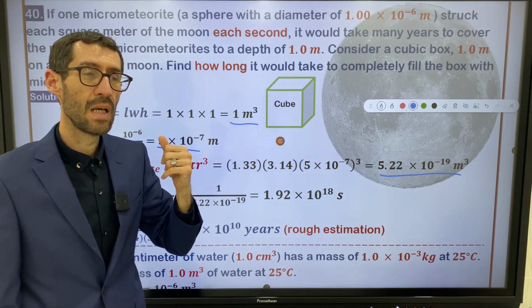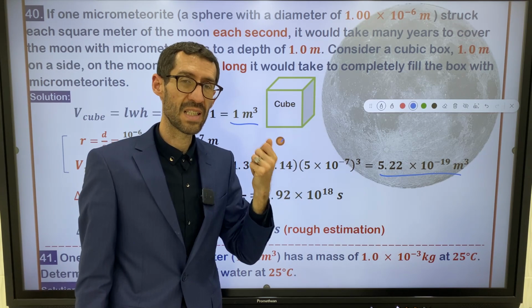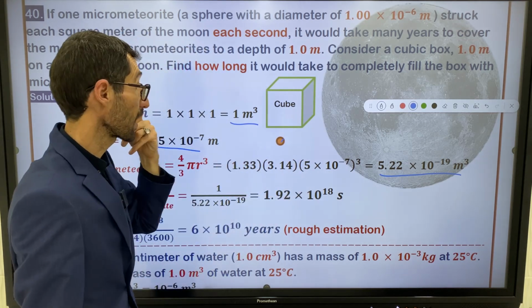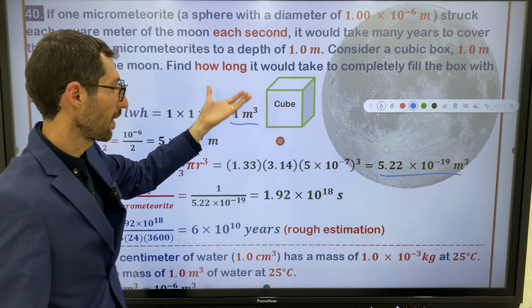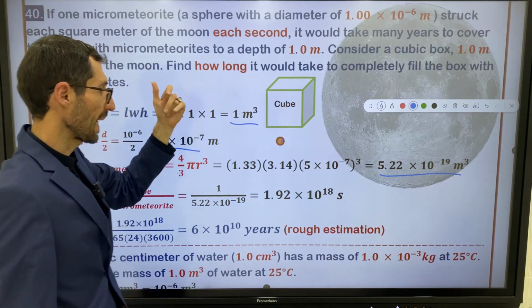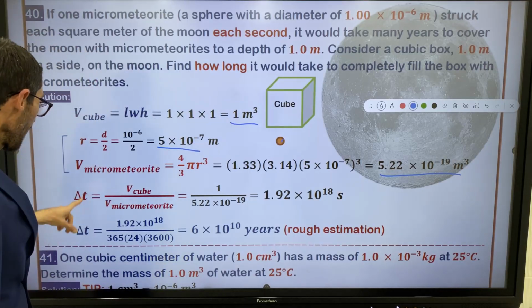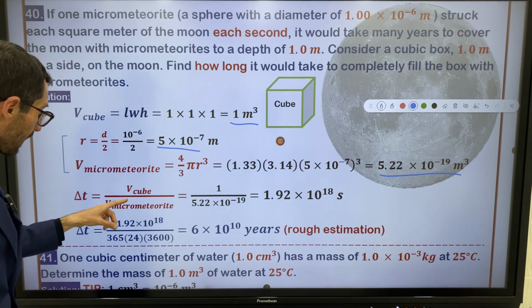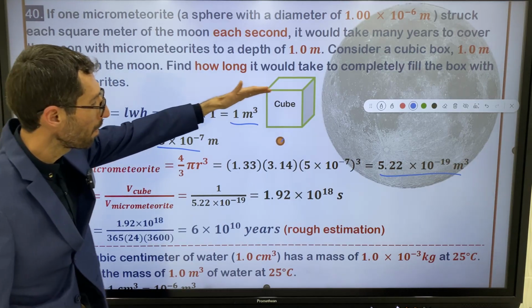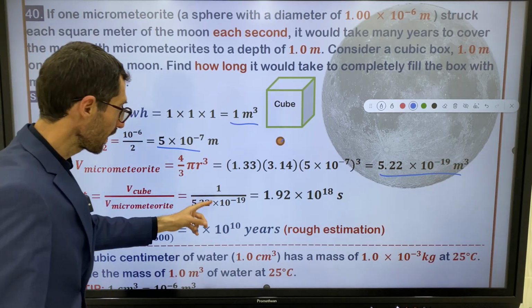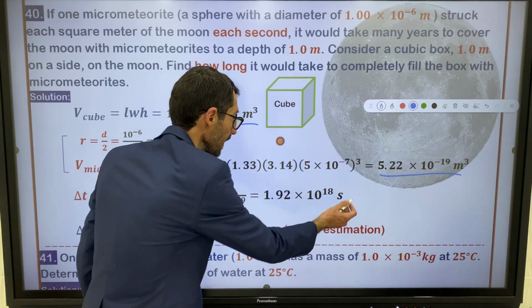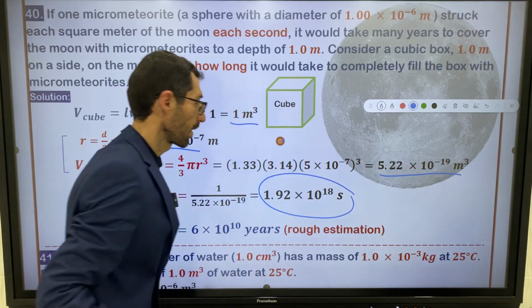You cannot have a precise answer for this case. Approximately, you find the answer. So delta T is equal to the volume of the cube divided by the volume of the micrometeorite, which is equal to this number.